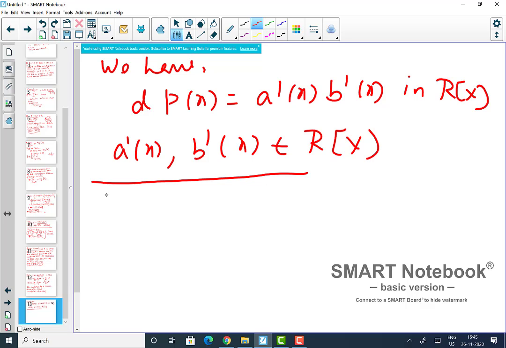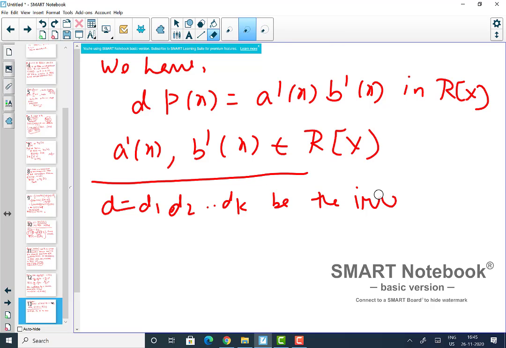So you can write d in terms of d1, d2, up to dk, the irreducible factors.